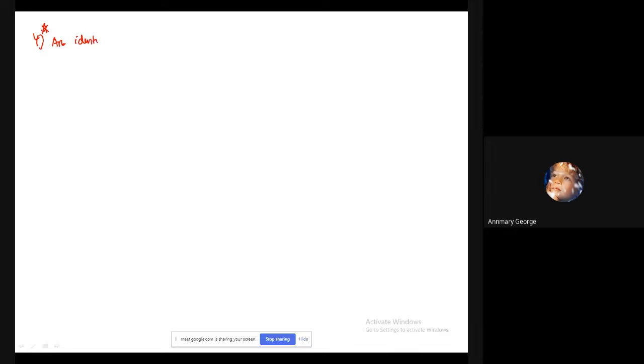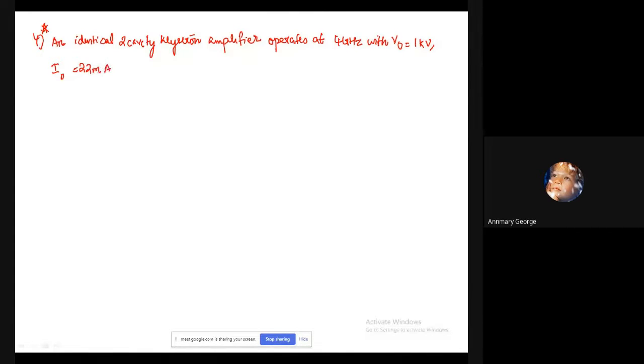An identical two cavity klystron amplifier operates at 4 gigahertz, with V0 equal to 1 kilovolt and I0 equal to 22 milliamps.